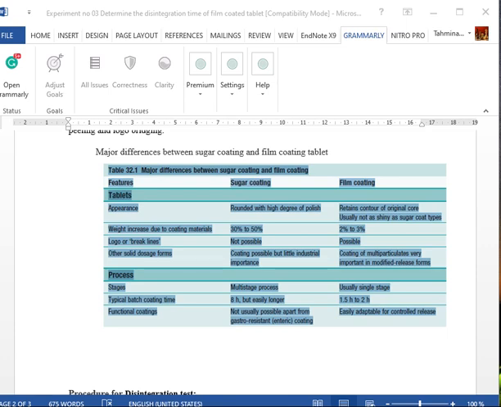Weight increase due to coating material is definitely higher in sugar coating as compared to film coating, usually 2% to 3% in film coating. As we have read, regarding logo and break line, sugar coating may not make it possible, but in film coating it is possible.